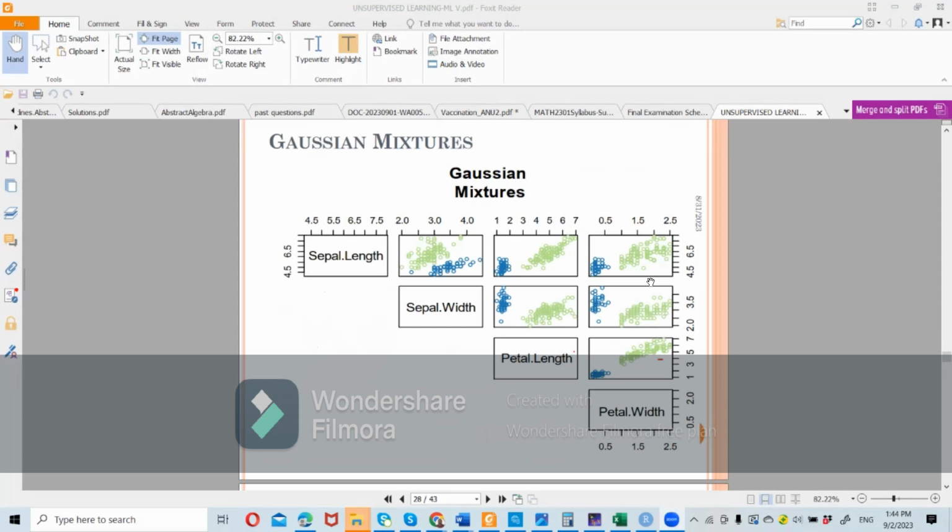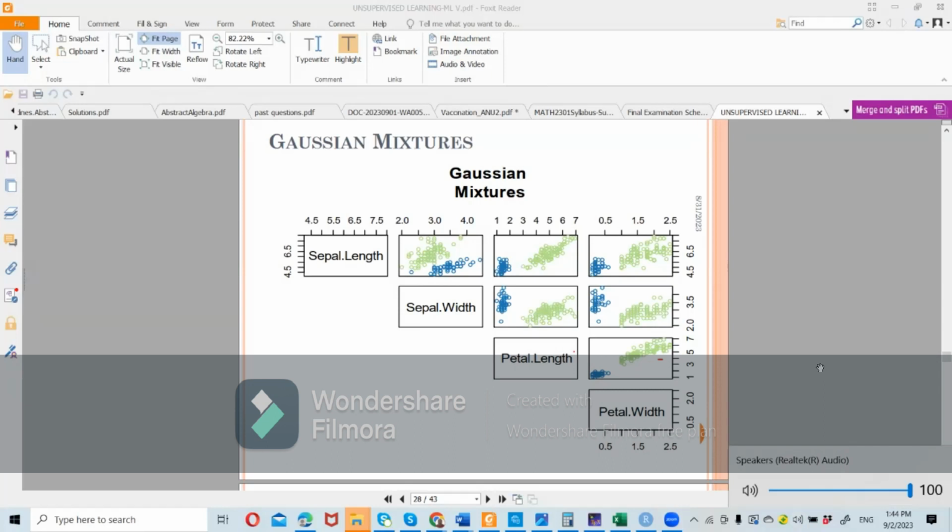And you see the clusters produced using mixture models. Okay, we can see the clusters, similar to that of K-means clustering and hierarchical clustering, but the difference is that this gives us something more distinct.